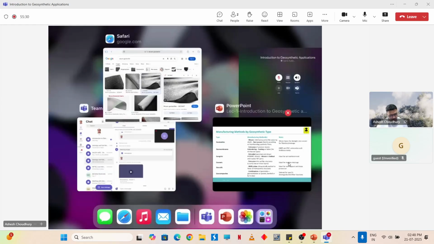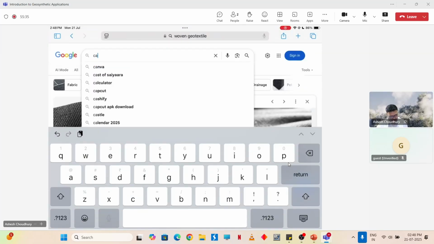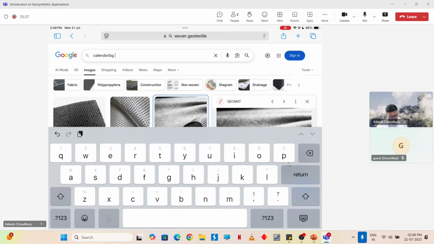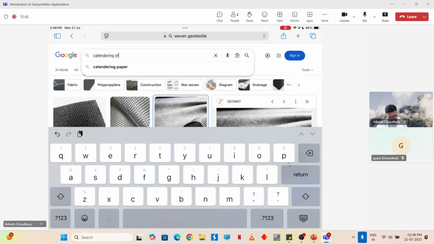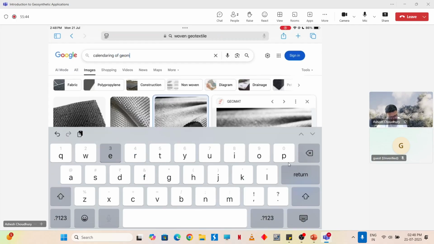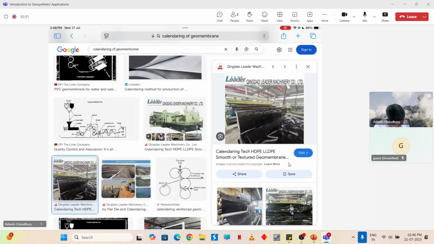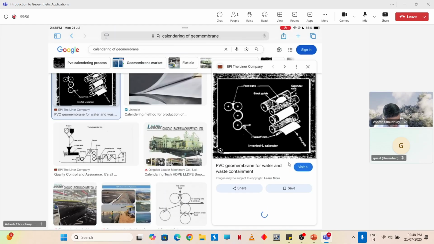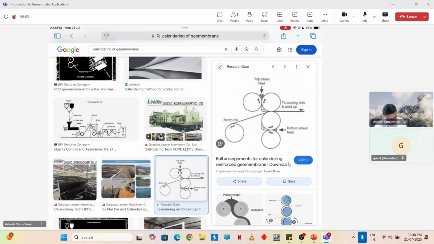Let us search for it. Yes, this is the process of calendering. The material is passed through different types of rollers like this, and you get a long sheet of geomembrane.